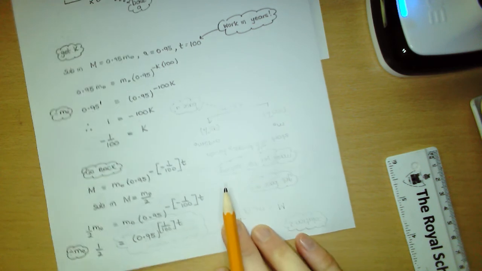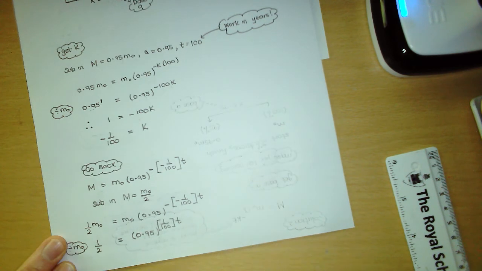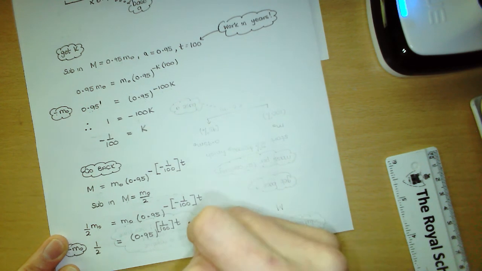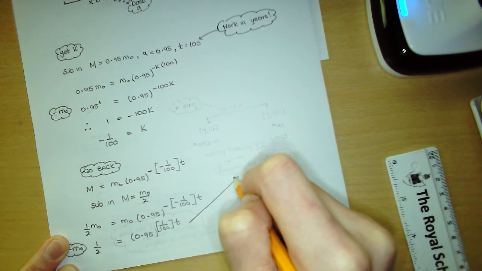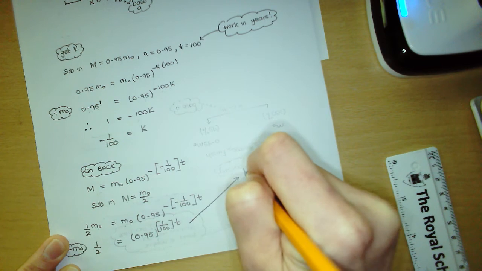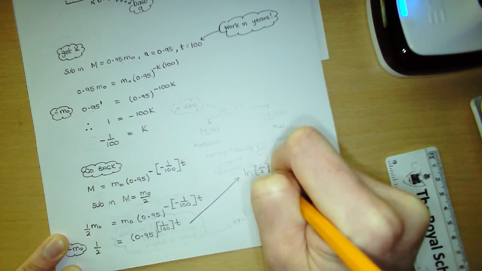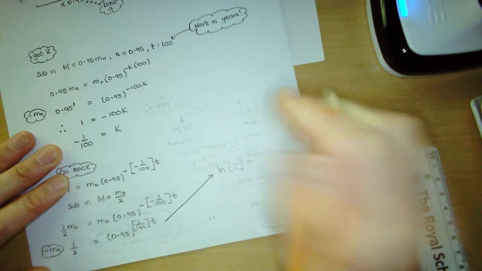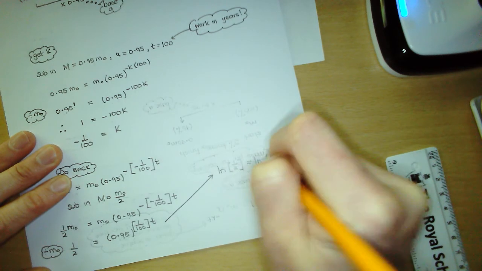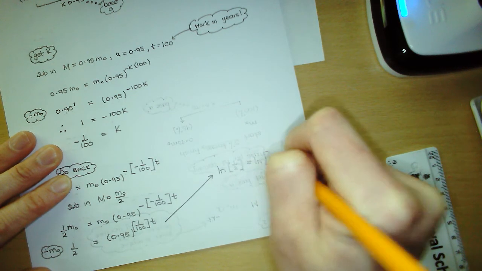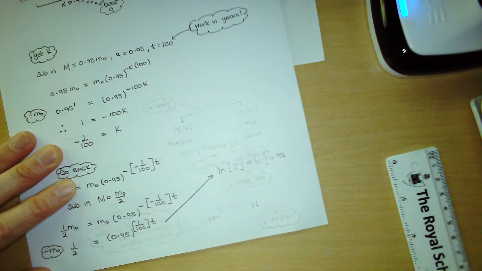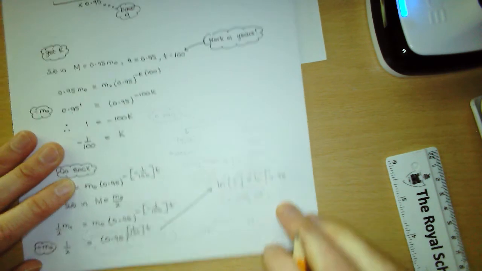So what we have now again is an index equation. The unknown is part of the power, so we're going to take natural log of both sides. So natural log of a half is equal to the natural log of 0.95 to the power of 1 over 100 t.